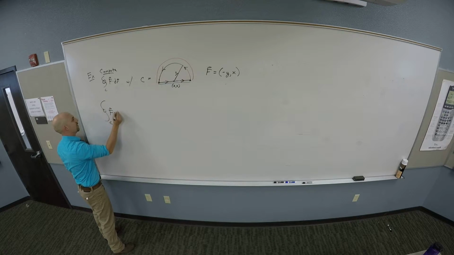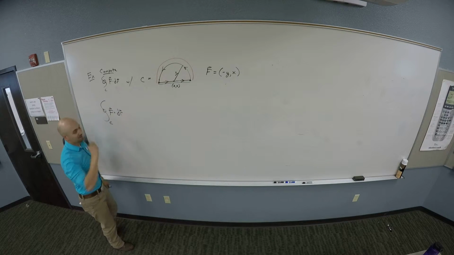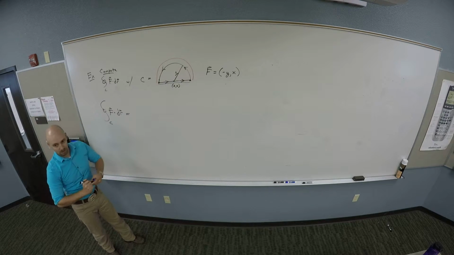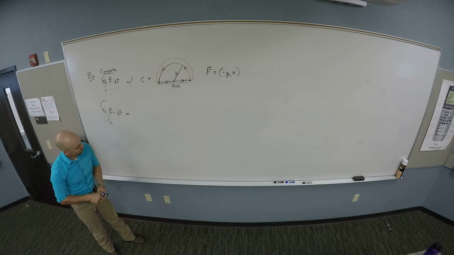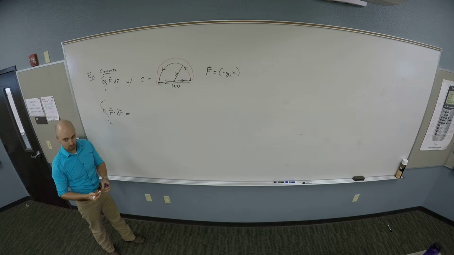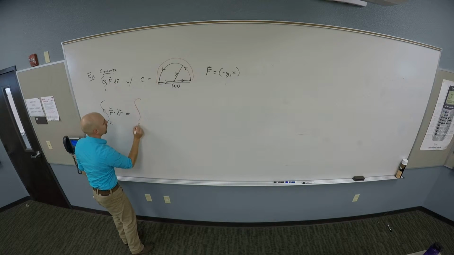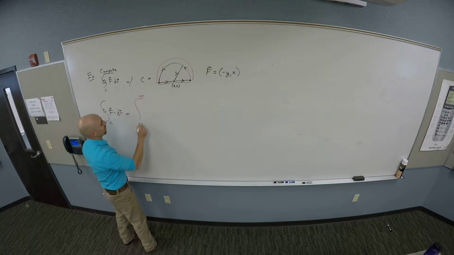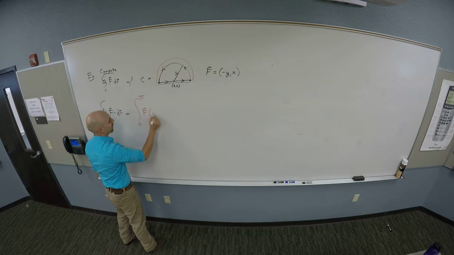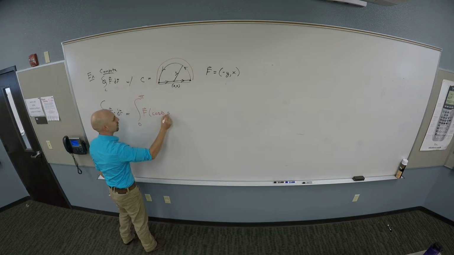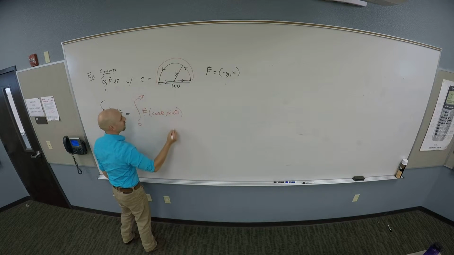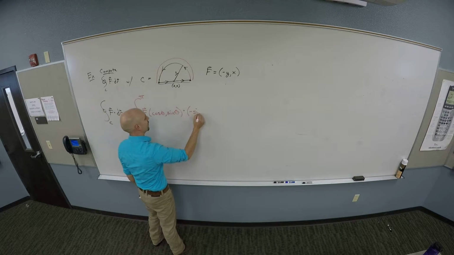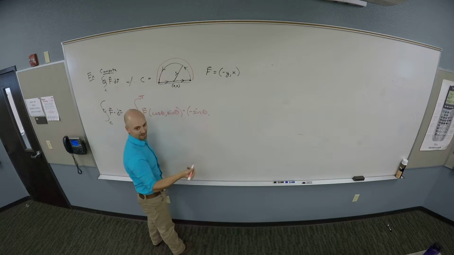So I'm going to start by writing: the integral over a closed curve C of F dotted with dr. And we're going to make that into the integral from 0 to pi. Which piece is that, red or blue? It's red. So you're going red from 0 to pi. F of cosine theta comma sine theta, dotted with negative sine theta comma cosine theta.